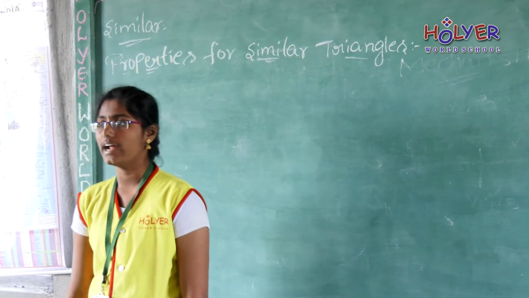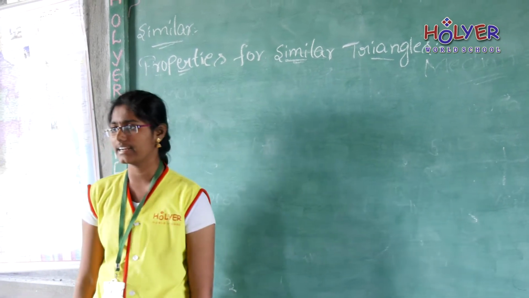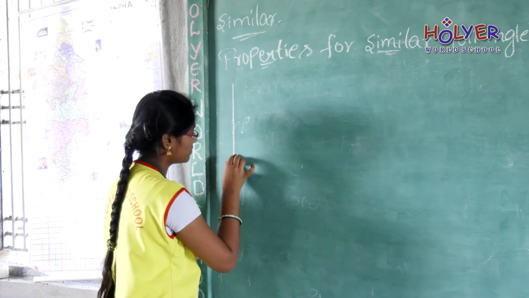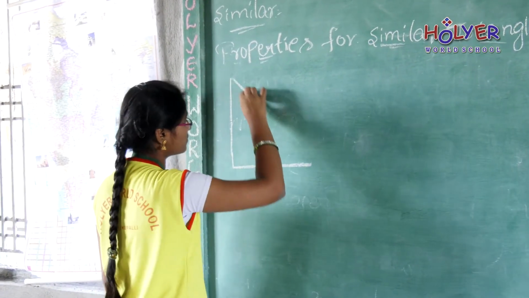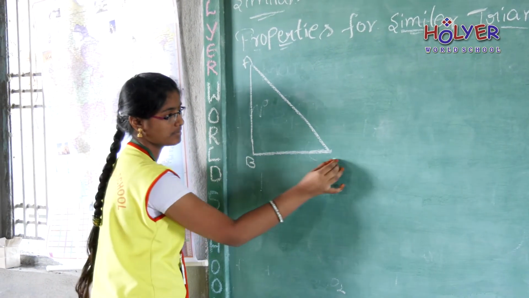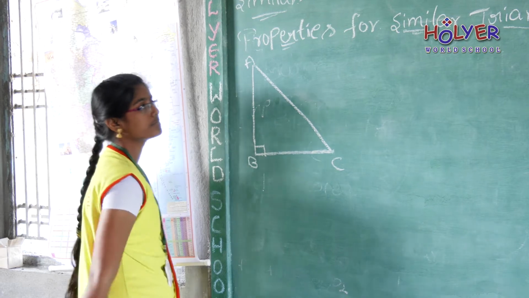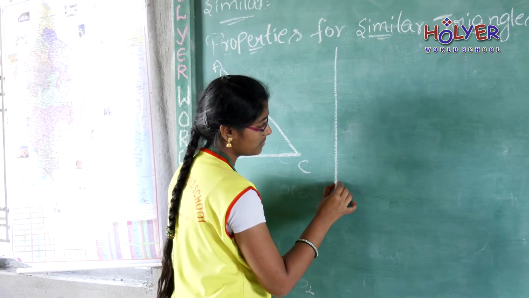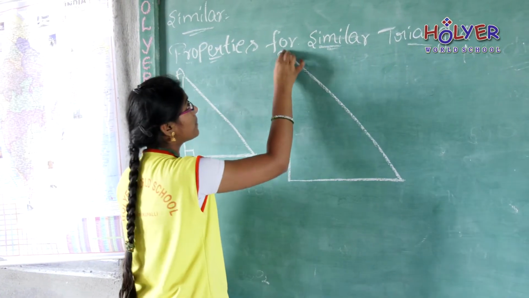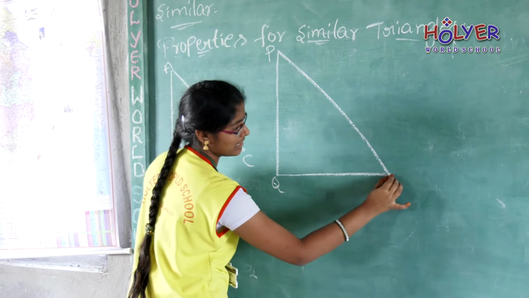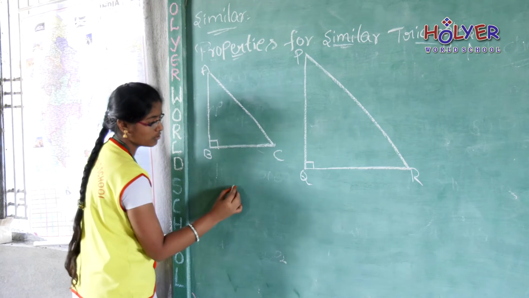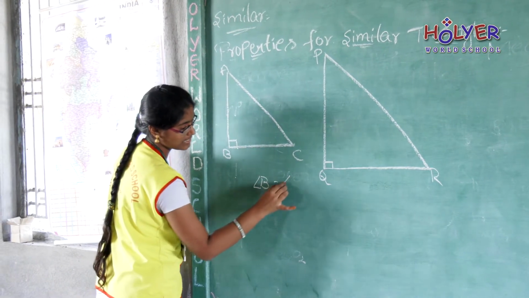Let me consider two triangles, and the two triangles are right angle triangles. It is known as triangle ABC, right angle at B, and triangle PQR is a right angle triangle at Q. Angle B is equal to angle Q, both are right angles.